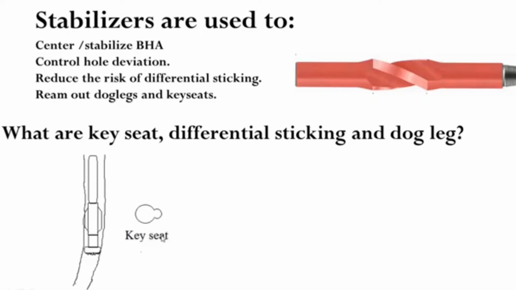Due to this key seat, when we pull out of hole, the tool joint of the tubular, when it comes over here, will not be able to come out, and we will need back reaming. We can go freely down, but we will not be able to come out, and we will observe our pull or string will get stuck.